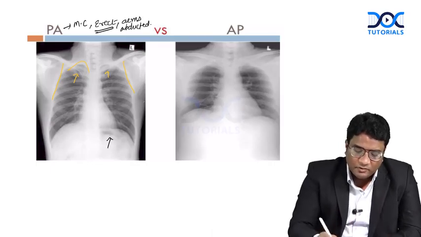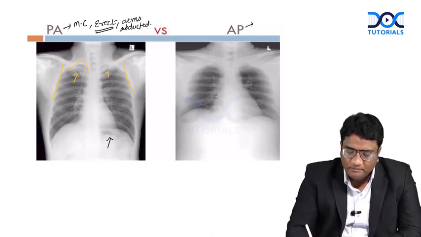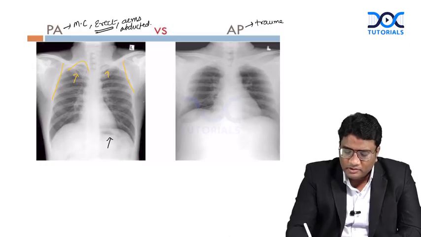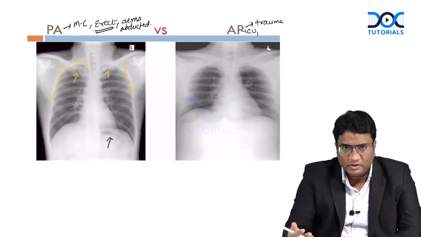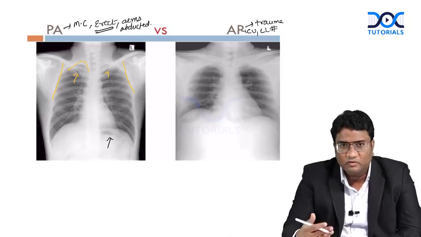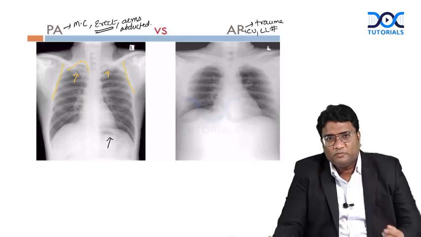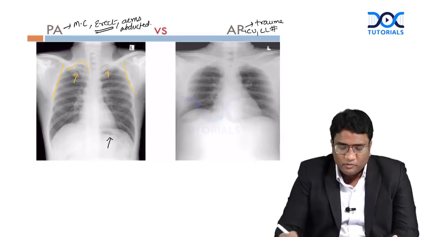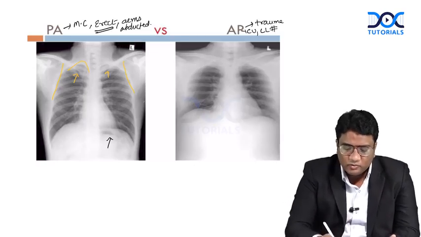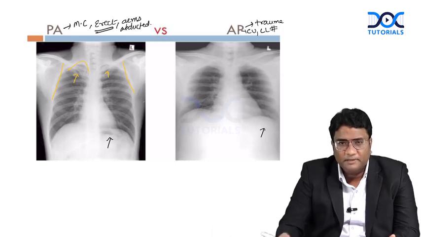But the AP view is done for patients of trauma, patients in the ICU, supine patients, ventilated patients, lower limb fracture patients. For these, we go for AP view, put the film behind, and the X-ray is taken from anterior to posterior direction. Because the patient is lying supine, you usually won't see the gastric bubble.